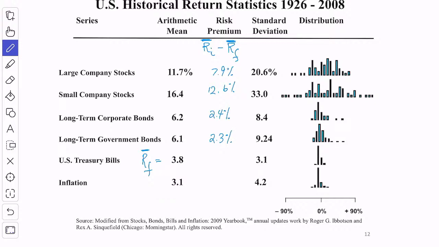Okay, good. I got the same numbers. So that is the risk premium.